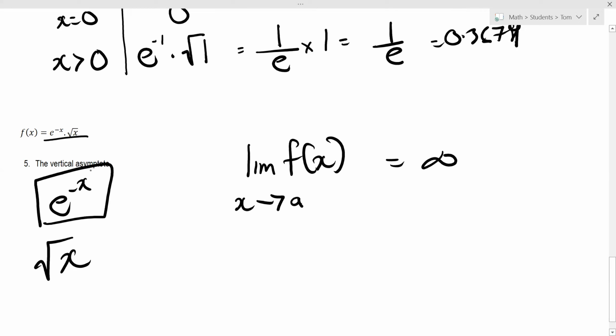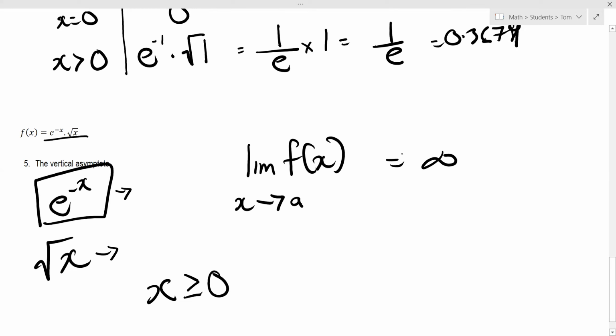But as long as x is greater than or equal to 0, this is a continuous function. An exponential function does not have a vertical asymptote. A square root function also doesn't have a vertical asymptote. So generally, these two multiplied together, you actually have a continuous function.